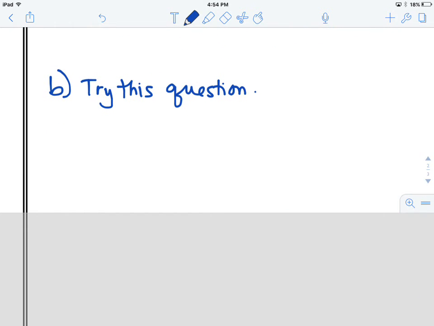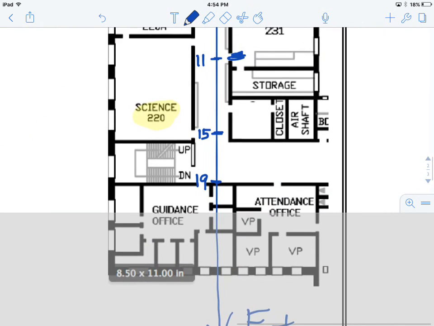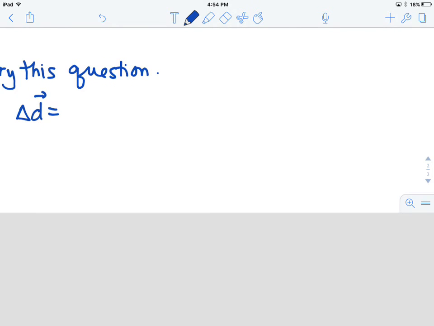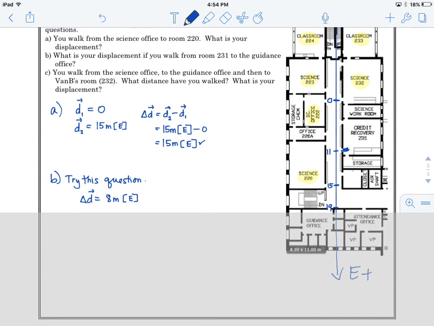I want you to try it first and then come back to it. I'm just going to give you the answer. 8 meters east. That's the answer that you should get.